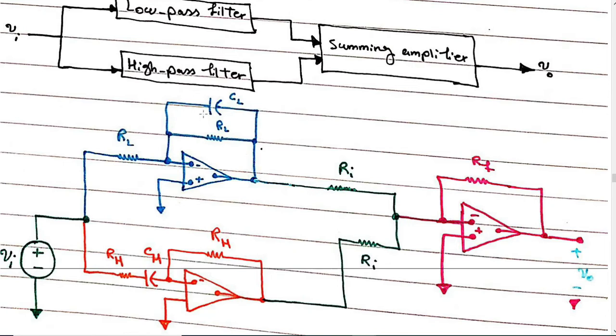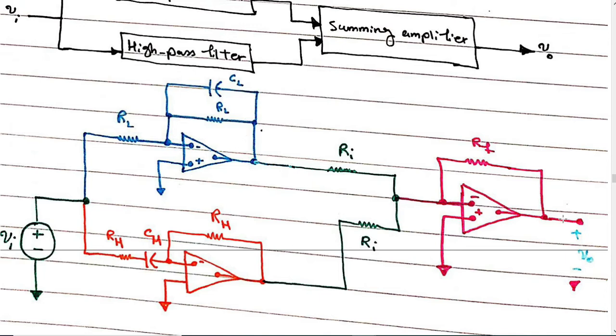This one is a low pass filter, this one is a high pass filter, and this one is a summing amplifier. So how do you calculate the transfer function for this circuit? Try it yourself now and find the transfer function for this circuit.